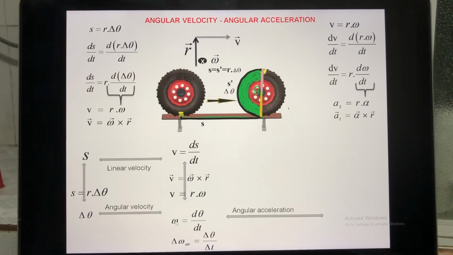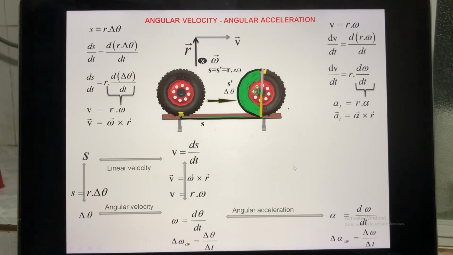Next, when you have an angular velocity, you can calculate angular acceleration by this formula. Actually, here I give you two formulas. The first one is instantaneous. The second one is average. And I explained the difference between instantaneous and average in the previous videos. So now I don't repeat it.